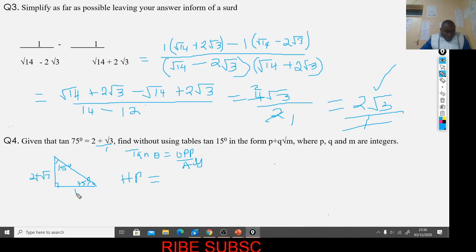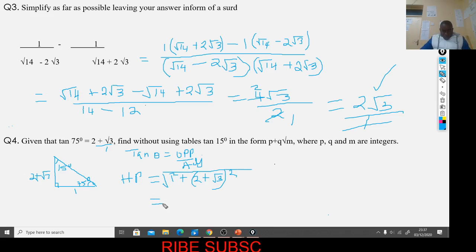Remember, this squared is 1 squared, plus 2 plus the root of 3, squared, and then we find the square root to get the hypotenuse.